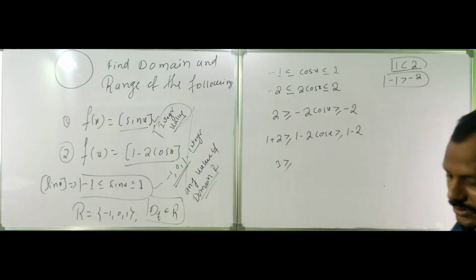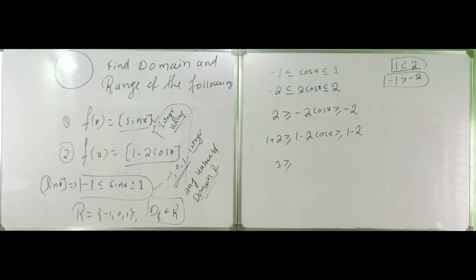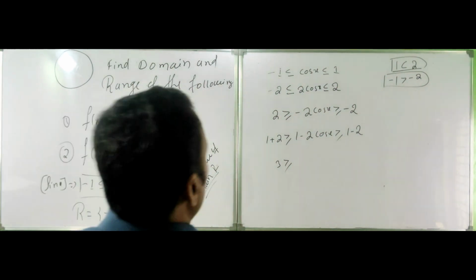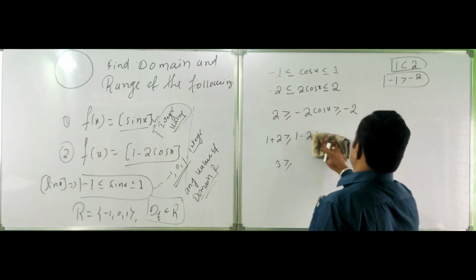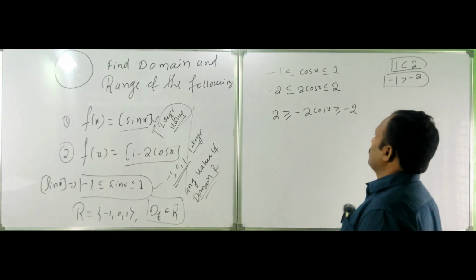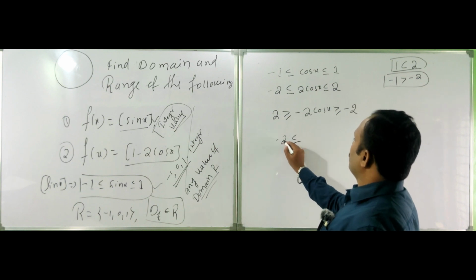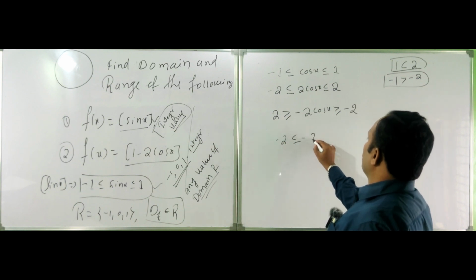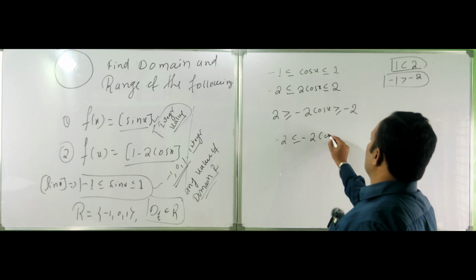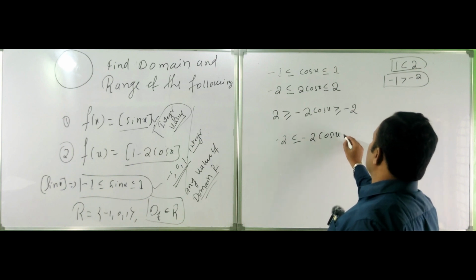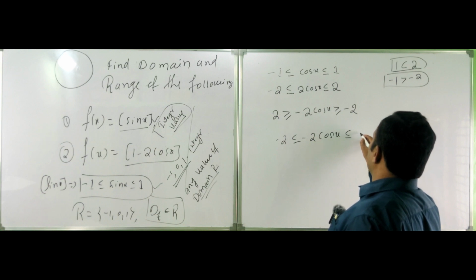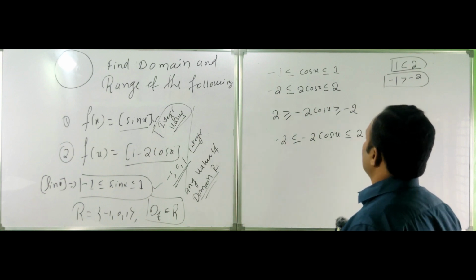Again I am making some mistakes here. So here I am changing this sign. See, minus 2 becomes less than or equal to minus 2 cos x, which will become less than 2.